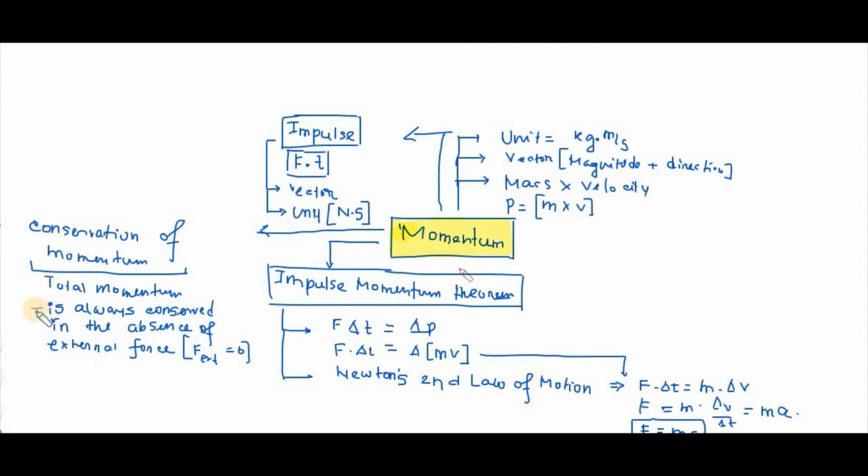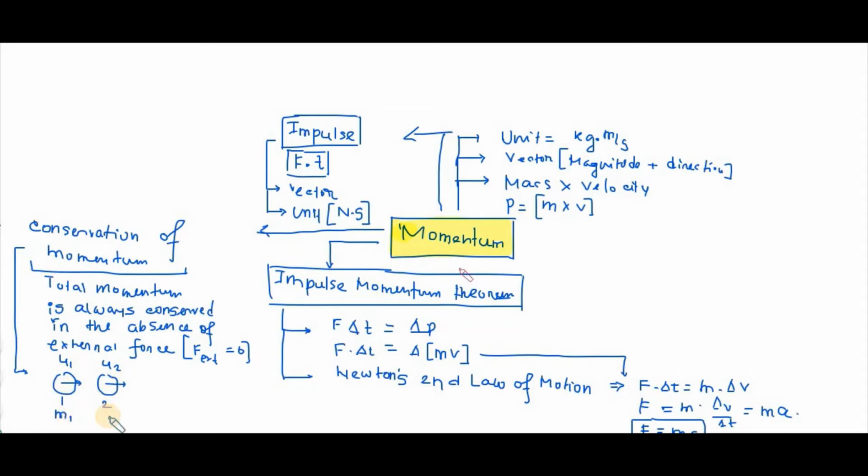We can quickly take an example to define the conservation of momentum. Two objects are moving in the same direction with velocities u1 and u2. This is the first object and the second object.